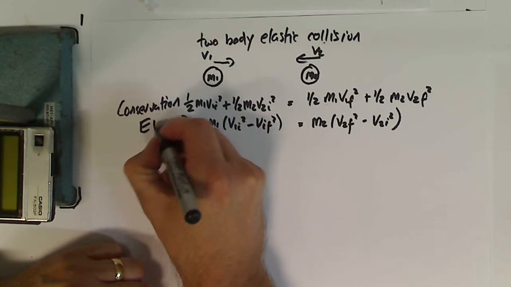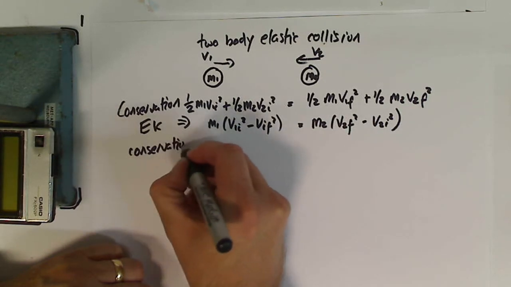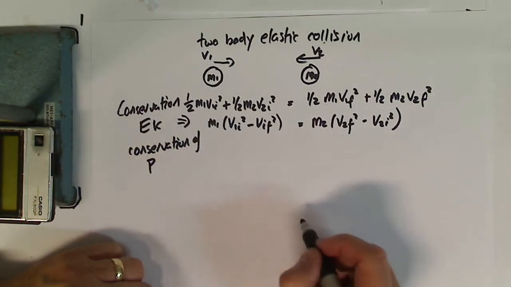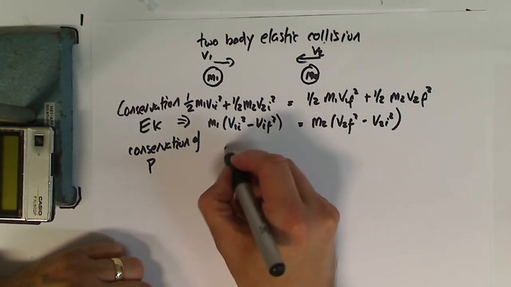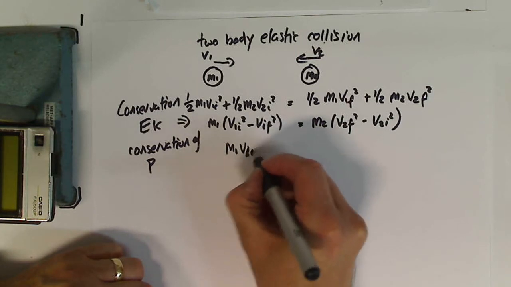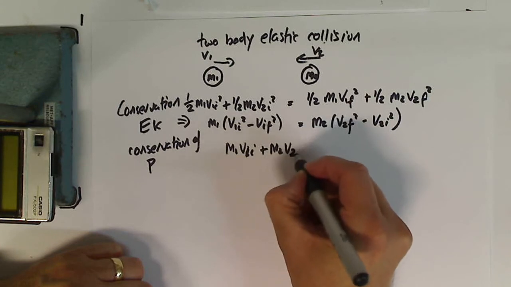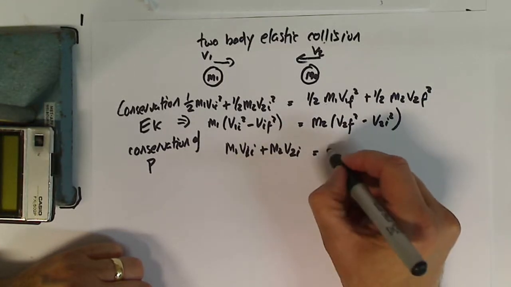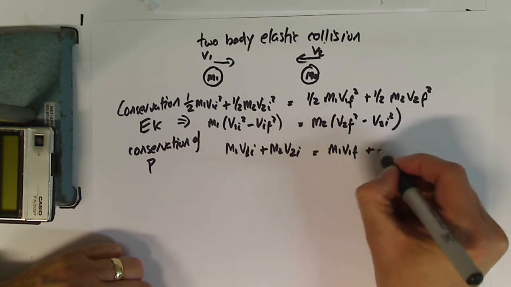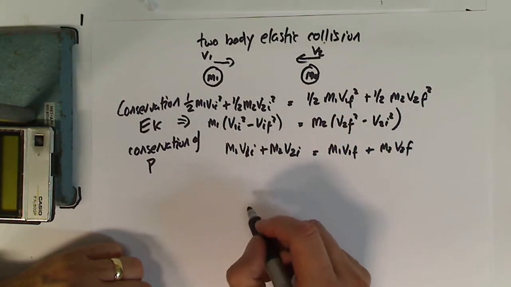of kinetic energy. Now we're going to look at conservation of momentum. Alright, so in that case we've got M1 V1 initial plus M2 V2 initial must be equal to M1 V1 final plus M2 V2 final, what we'd expect.